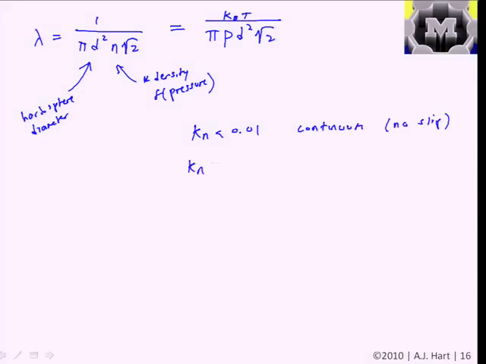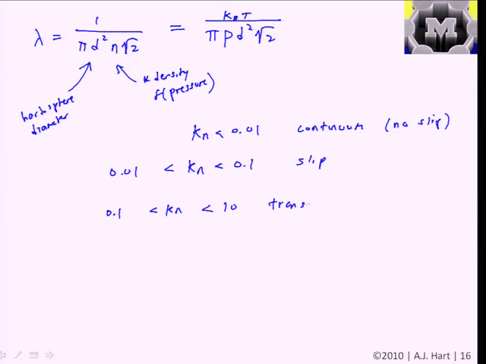And if the Knudsen number is, say, less than 0.1 and greater than 0.01, then we're in the slip flow regime.